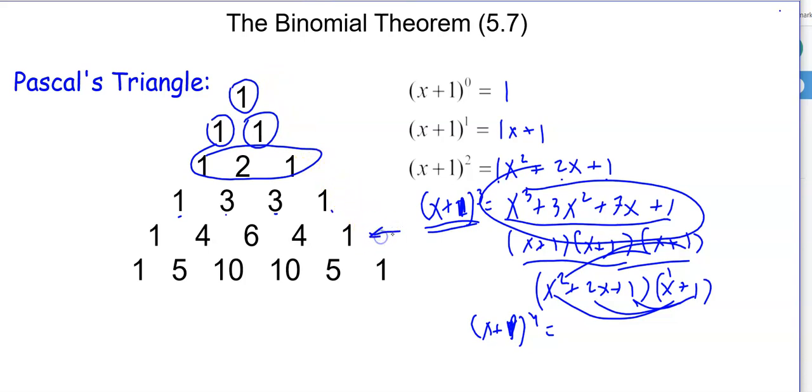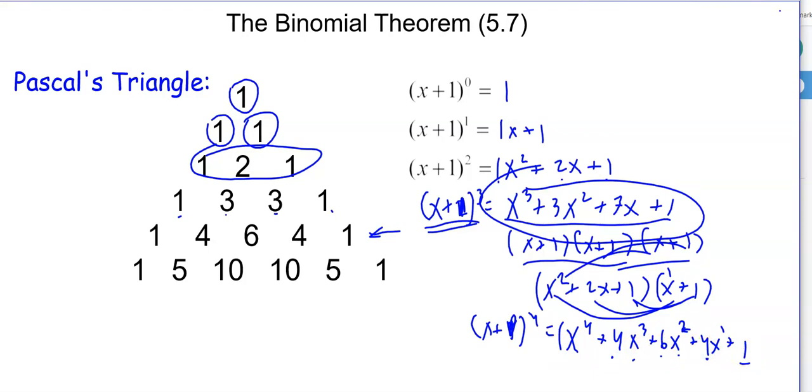This row will give me the coefficients, so this would be x to the fourth power plus 4x to the third power plus 6x squared plus 4x plus 1. As I go down by degree, fourth degree, third degree, second degree, first degree, and 0 degree, I'm using those coefficients out in front, 1, 4, 6, 4, 1. It's just a very fast way of using this to generate the answers.